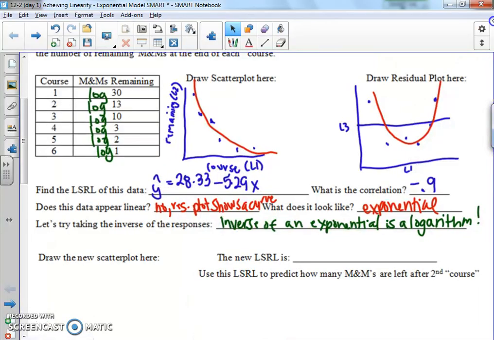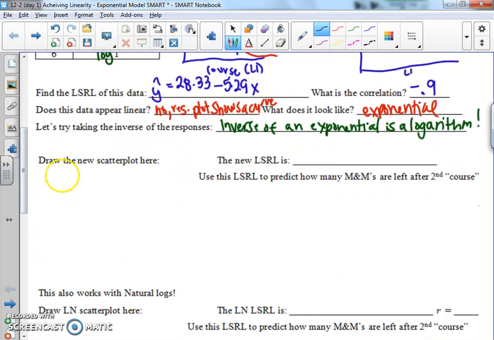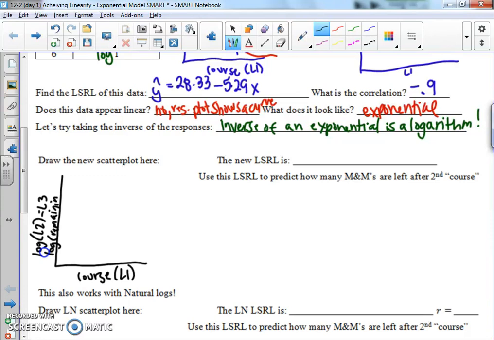So let's go ahead and draw that picture. So draw the new scatter plot here. So again, we had the normal explanatories, the course, which was list 1. And then what we did is we took the log of list 2, and we put that in list 3. So this is basically the log of the remaining number of M&Ms.